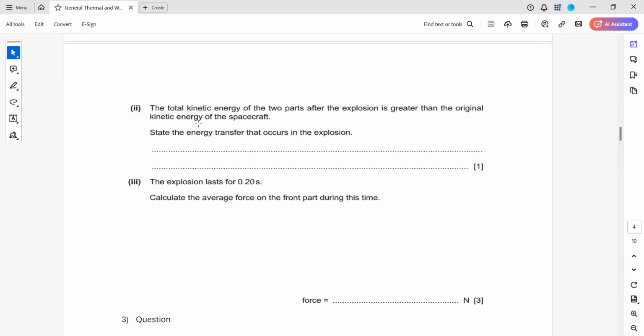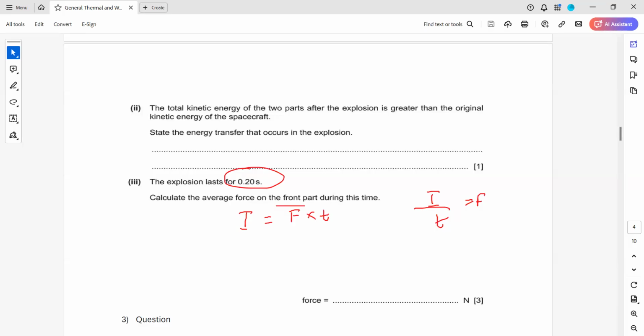The explosion lasts for 0.2 seconds, the average force on the front part. So if we need the average force, we have the formula impulse is force multiplied by time. So force is impulse divided by time. We have the time, but what about the impulse? For the front part, what is the change in momentum?